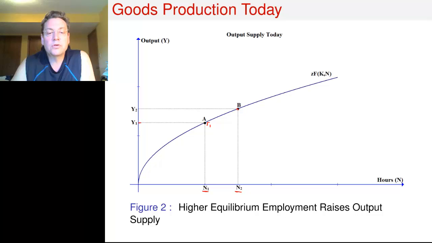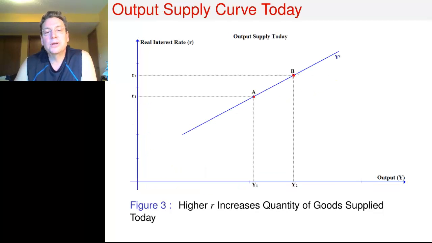Go to the production function, and we get a higher level of output, Y2. So now we have a second point on this output supply curve. A higher real interest rate is associated with a higher quantity of goods supplied because workers are supplying more labor, and firms are willing to hire that additional labor and use it to produce more goods. So what we get is that the supply curve for goods today is upward sloping when the relative price that we're looking at is the real interest rate.